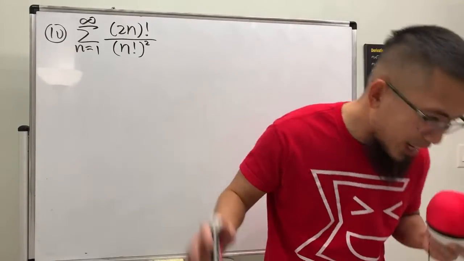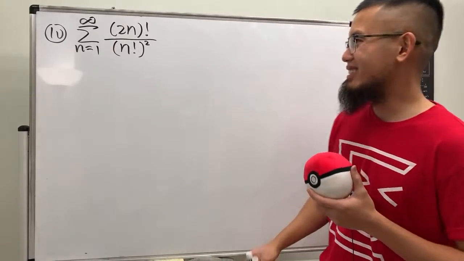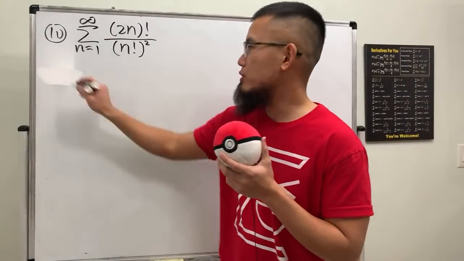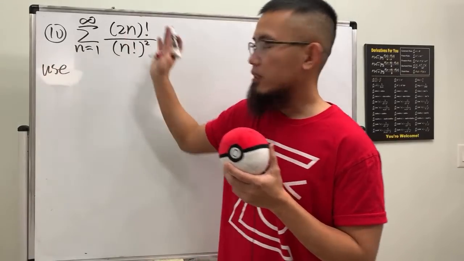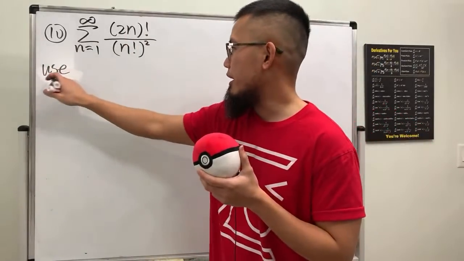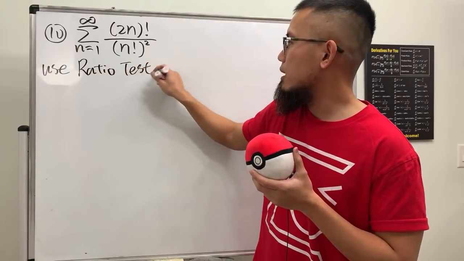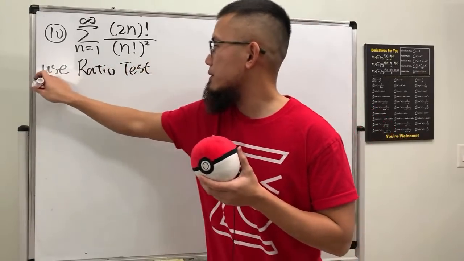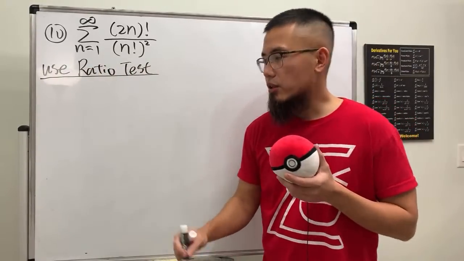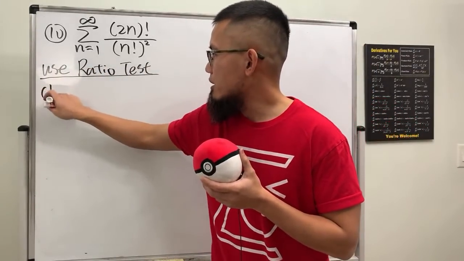All right, Abraham, ratio test. Excellent. So let's go ahead and just do the work. Again, when you see factorial, that's a very good indicator that we'll be using the ratio test. Okay? We'll be using the ratio test. All right, so the check is the following.